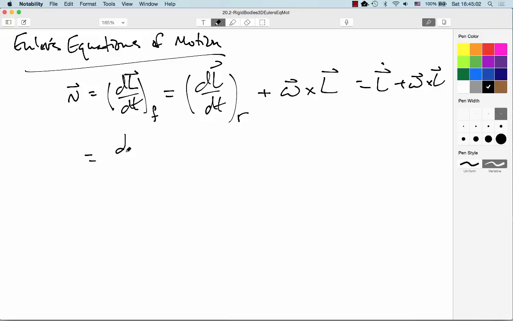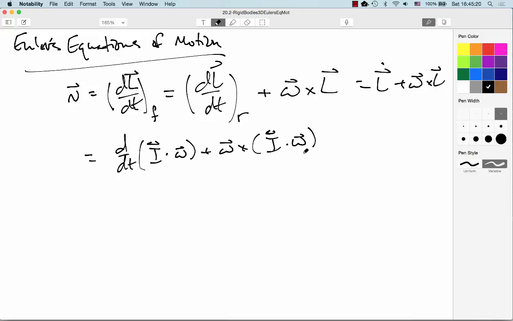Our L dot will be d/dt of I dotted into omega plus omega cross I dotted into omega.